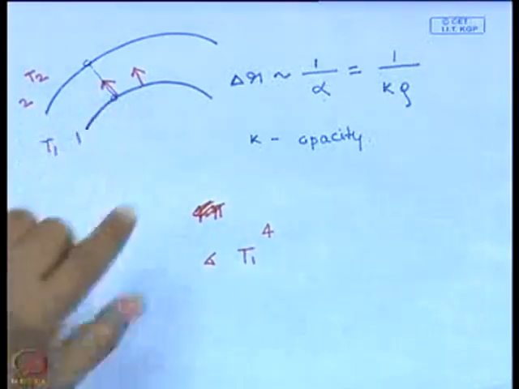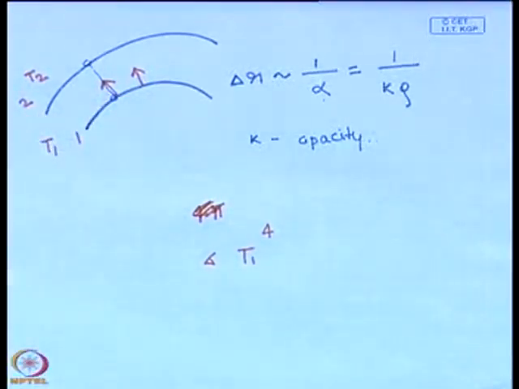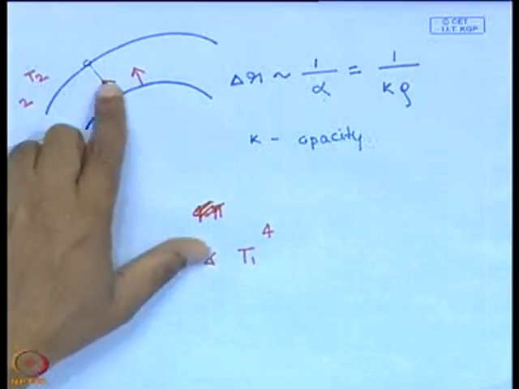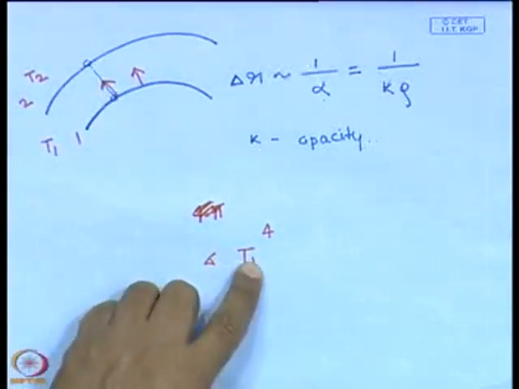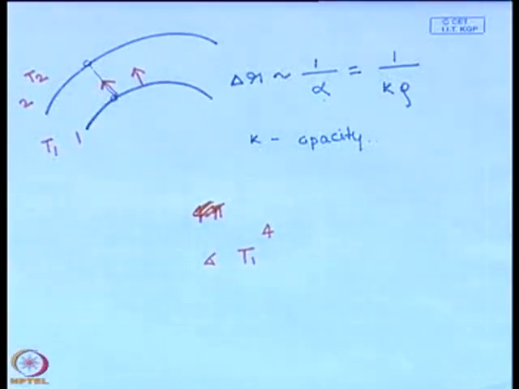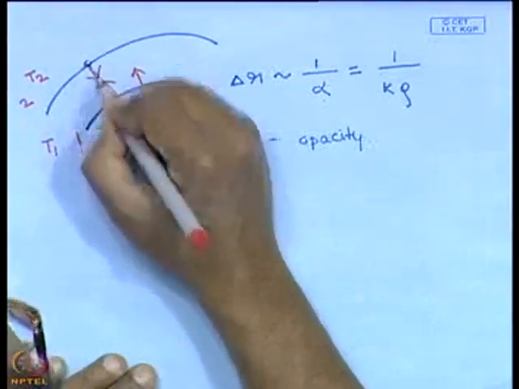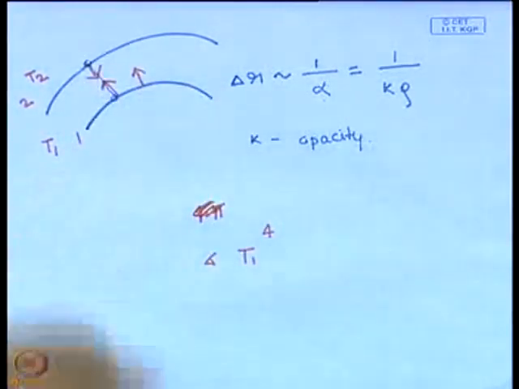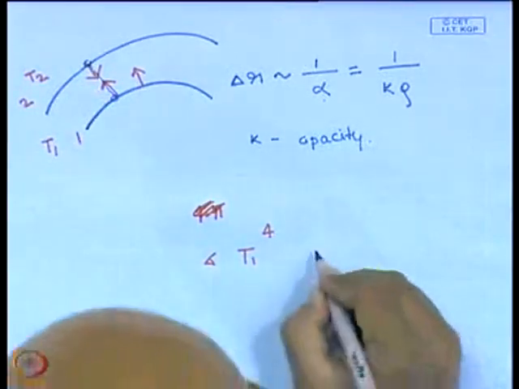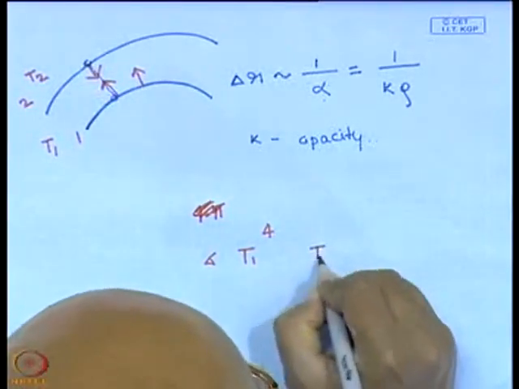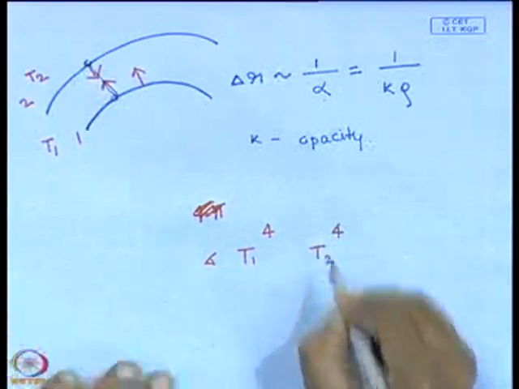That is the flux per unit area, how much energy is going outwards. The energy flux which is incident in this direction from the upper surface is going to be sigma T2 to the power 4, right.